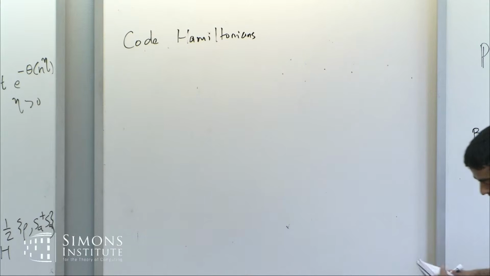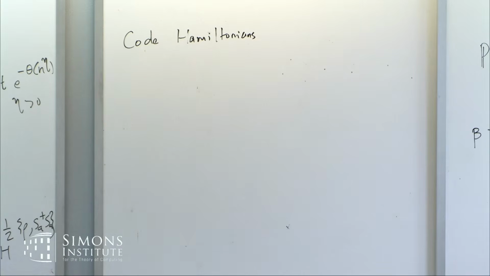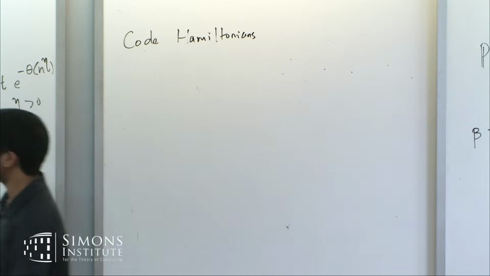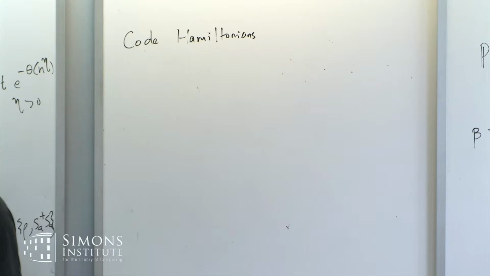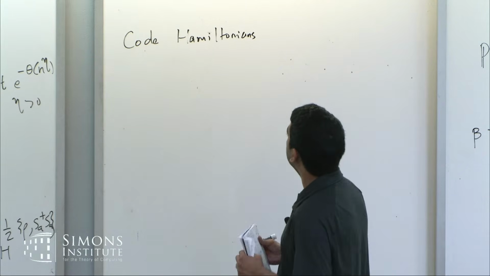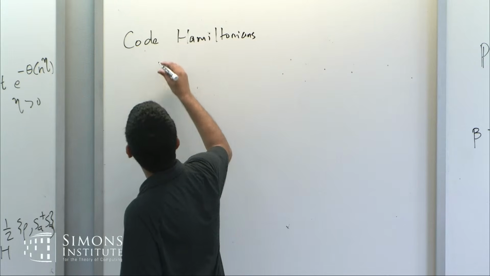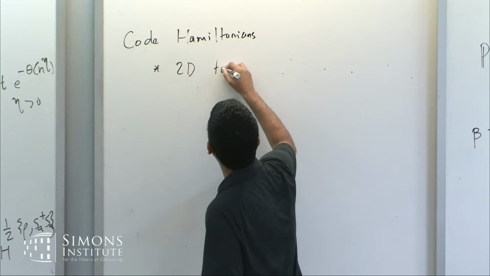Okay, so the canonical example of a Hamiltonian that we choose. The trickiest part, of course, is picking the Hamiltonian, because once you pick the Hamiltonian, since it's a code Hamiltonian, you can construct the encoder and decoder more easily. Okay. So the canonical example that people had studied was the 2-dimensional toric code.